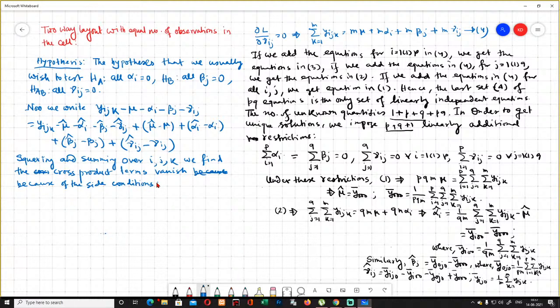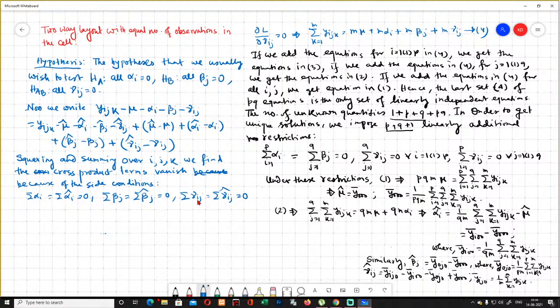That is, summation alpha i equal to summation alpha i hat equal to 0, summation beta j hat equal to 0, summation gamma ij equal to summation gamma ij hat equal to 0.